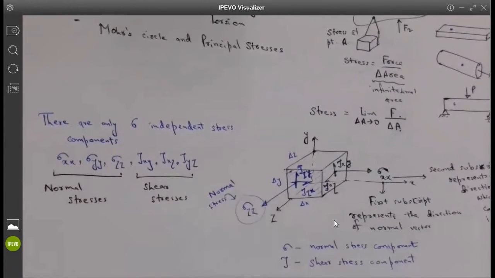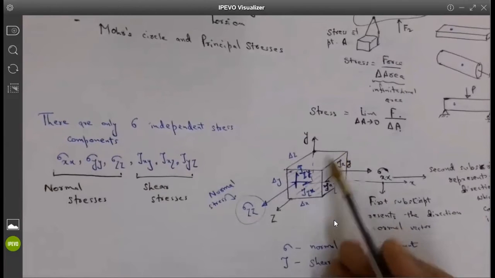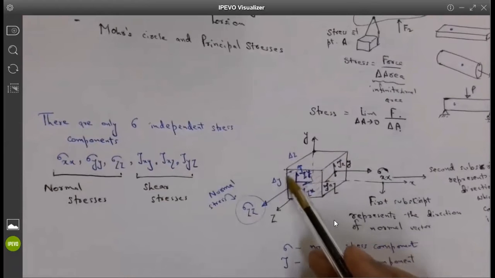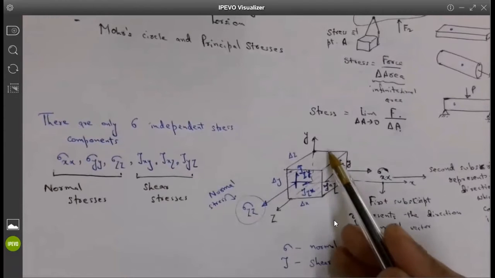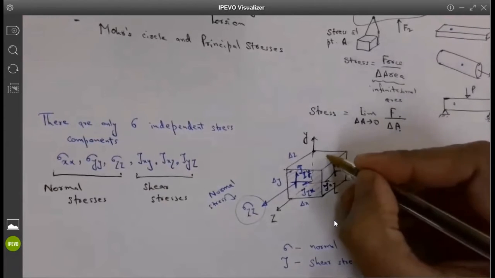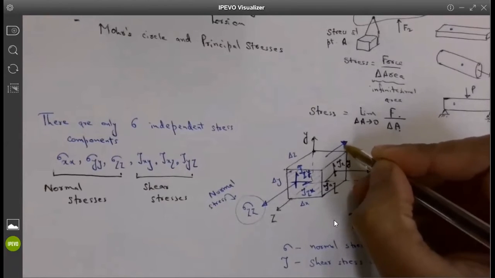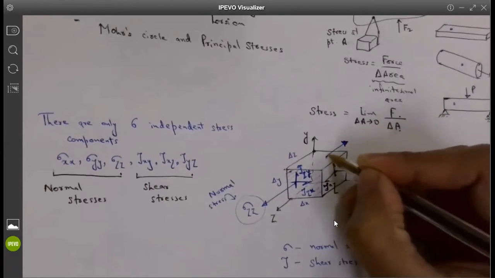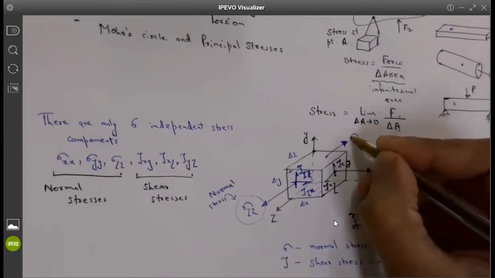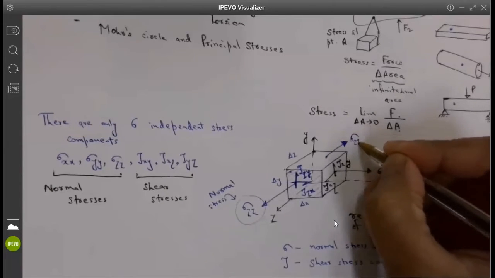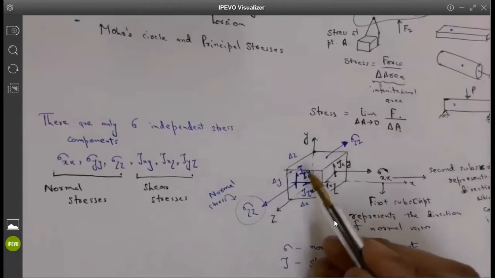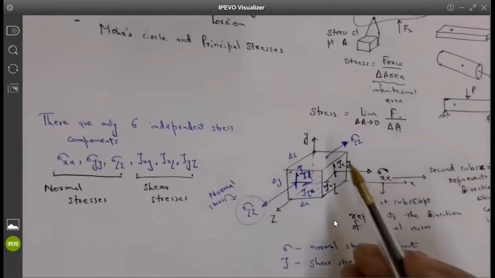The reason I have only 3 normal stresses, even though I have 6 faces, is that if you look at this face, the face opposite to it is the back face. On the back face, the normal component is acting away, in the positive direction, and the component would again be sigma ZZ. Because the body is in equilibrium, this cube will be in equilibrium.